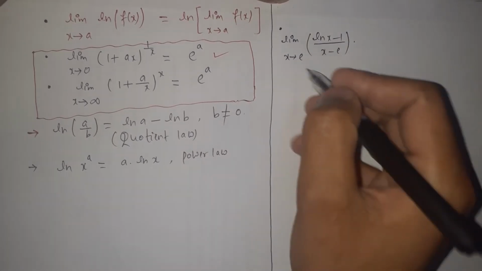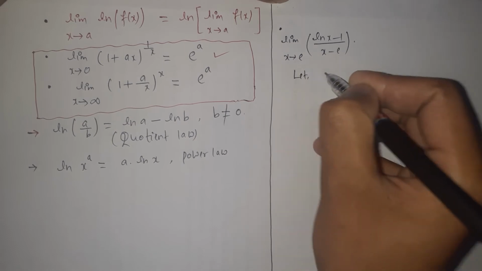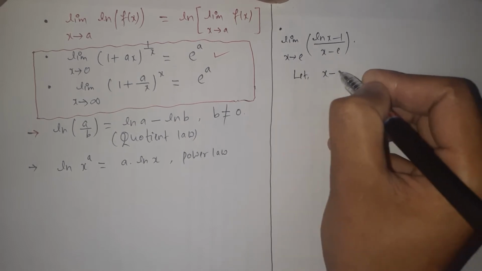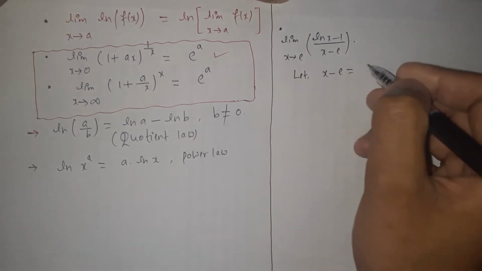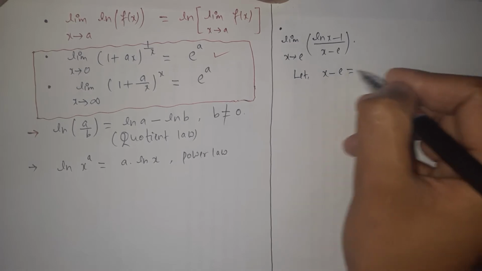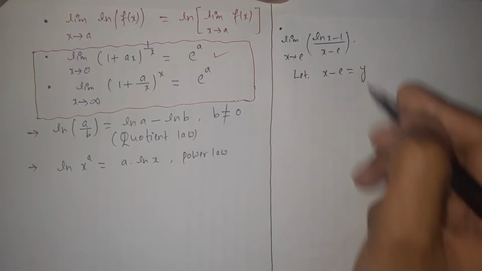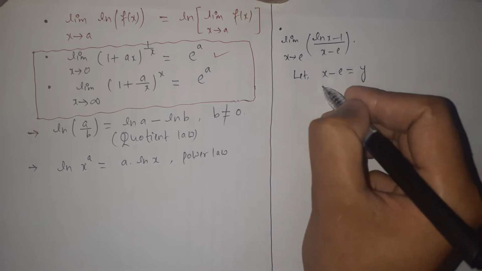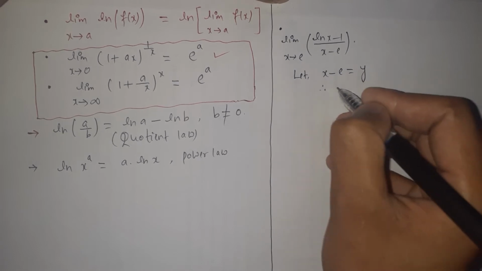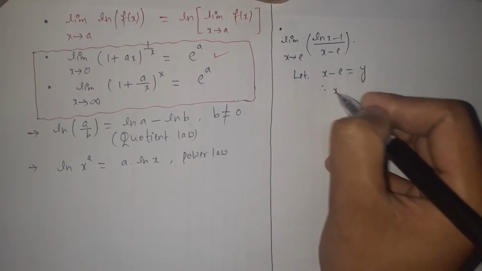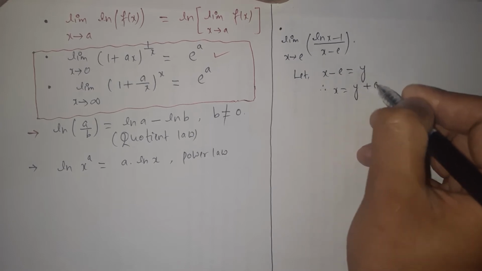First of all, let's suppose that x minus e is a variable y. This is our supposition. Then in this situation, the value of x will be y plus e.